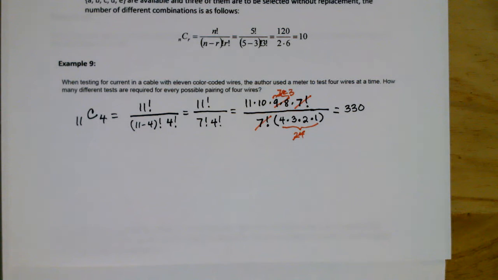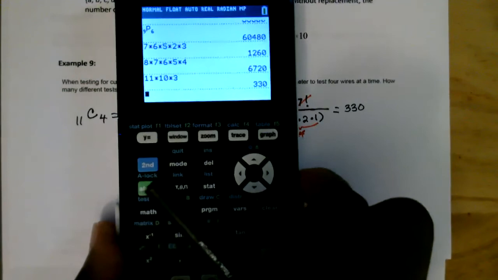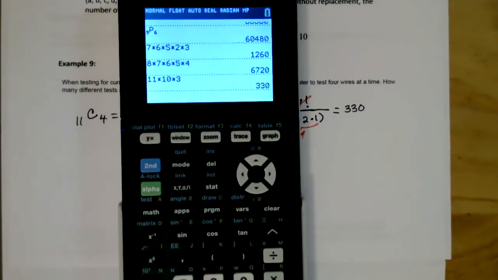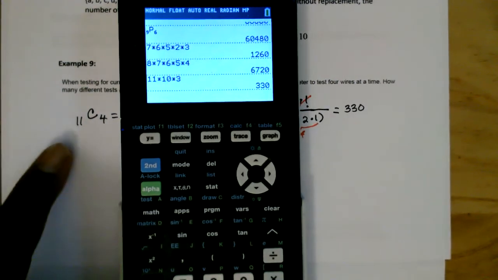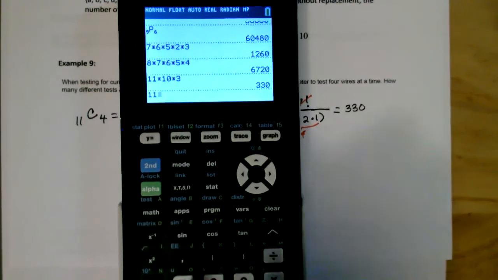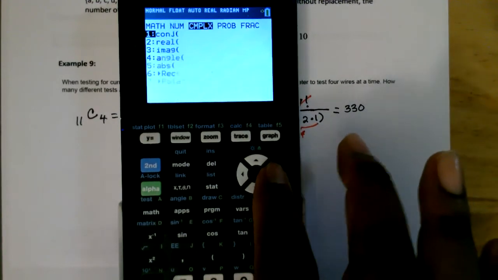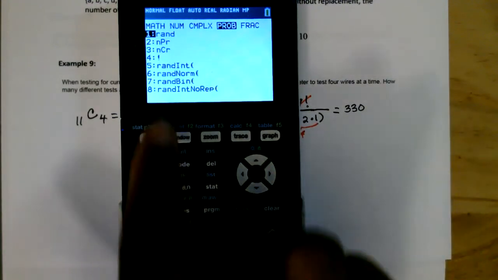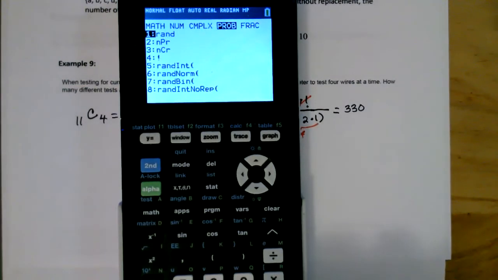Now, again, if we want to use the calculator, we do have the combinations. We have combinations on our graphing calculator here. So here we start by typing in the number 11 and then press the math key. Then go over to PRB. This time is menu item number 3, nCr.